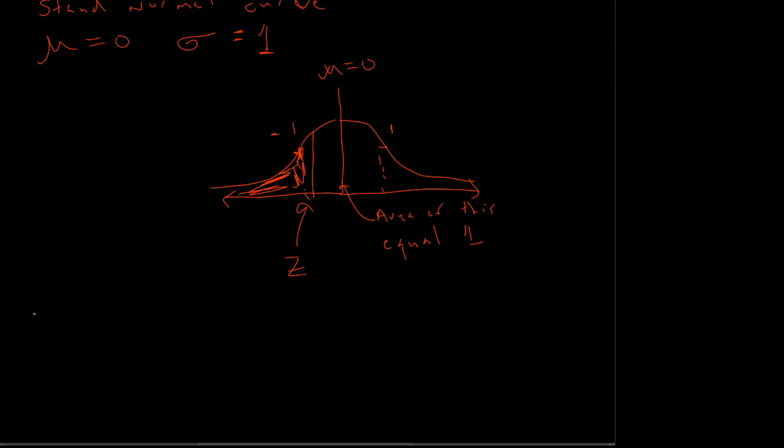So the z translation is: whatever my data value is, minus the mean of my data. That will now center everything around 0, because if I'm at the exact mean of my data, say my mean was 58 and my x-score was 58, 58 minus 58 is 0. I've re-centered things around 0.